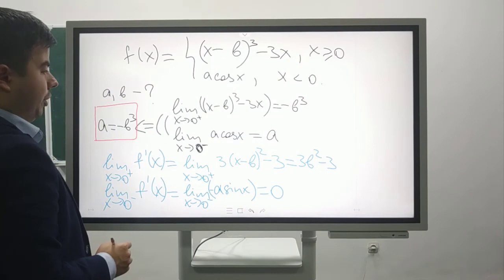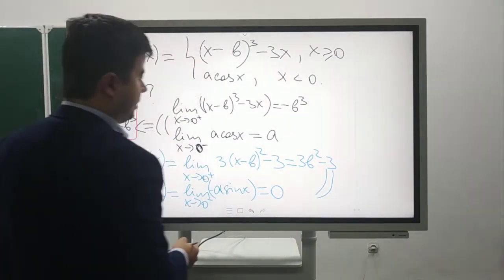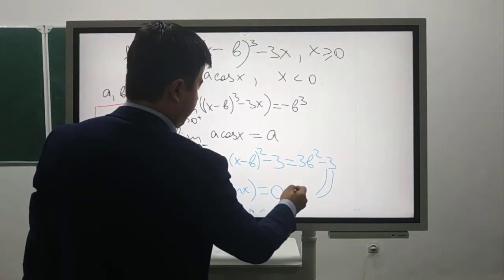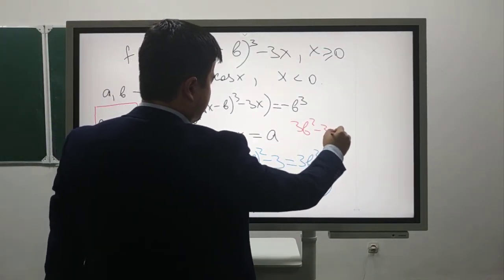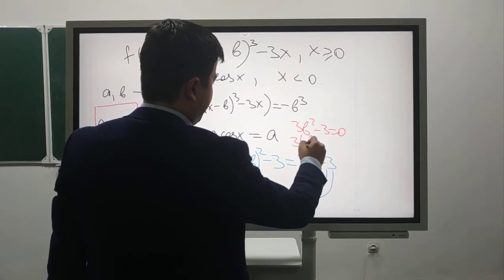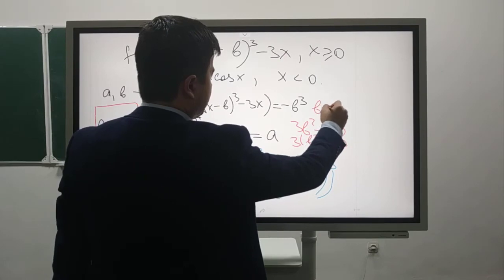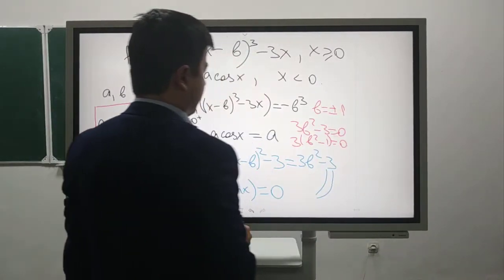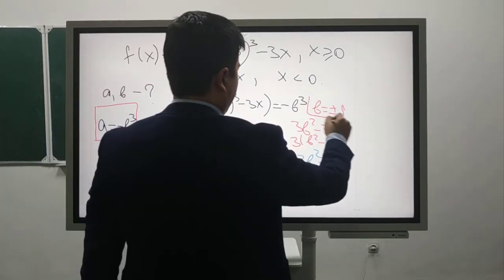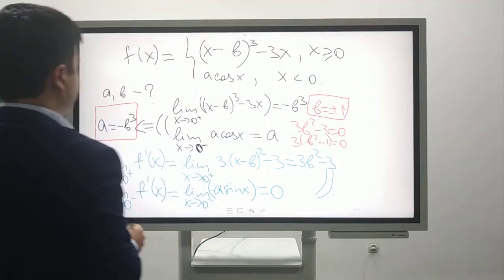So from the equality of these two, we have the following: 3b squared minus 3 equals 0, or b squared minus 1 equals 0, and b is plus or minus 1. So if b is plus or minus 1, then we can find a.